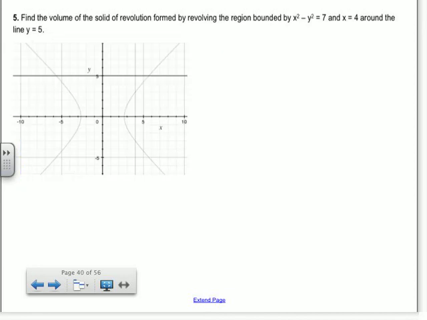Okay. Let's try one more. Okay, so find the volume of the solid of revolution formed by revolving the region bounded by x squared minus y squared equals 7 and x equals 4 around the line y equals 5. Okay, so around y equals 5. So that's this line.